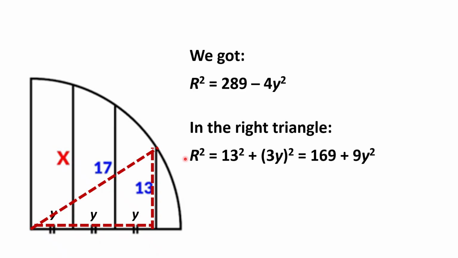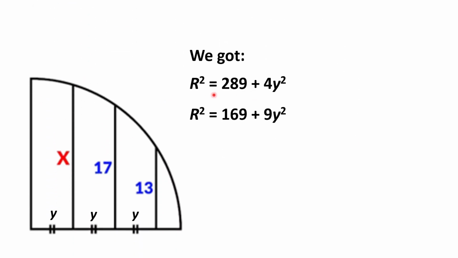So again r square is 13 square plus 3y whole square, giving r square equal to 169 plus 9y square.